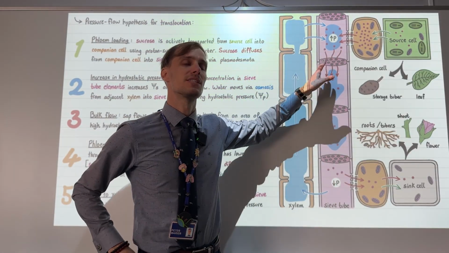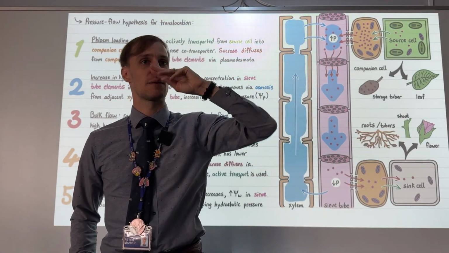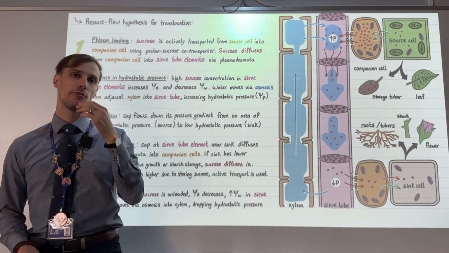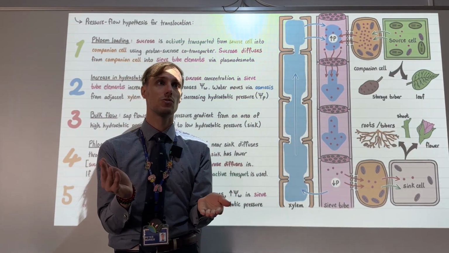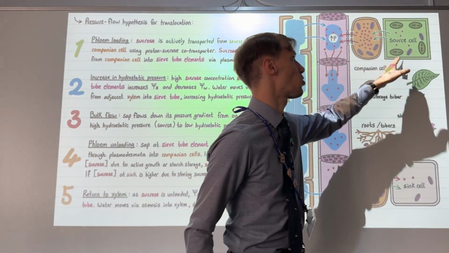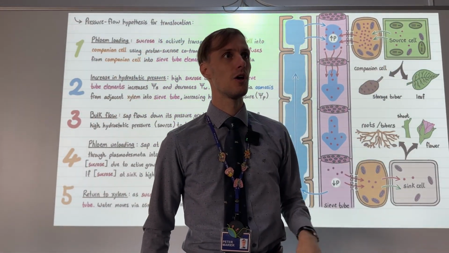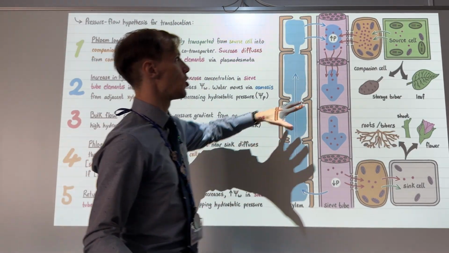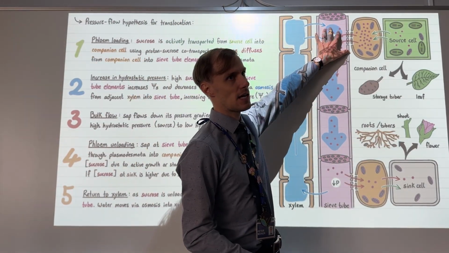I can move sap anywhere where the hydrostatic pressure is lower. So we describe transpiration as a flow from roots to shoots. We would describe translocation as a flow from source to what are called sinks, or anywhere that need these metabolites. So we have a high area of hydrostatic pressure here.